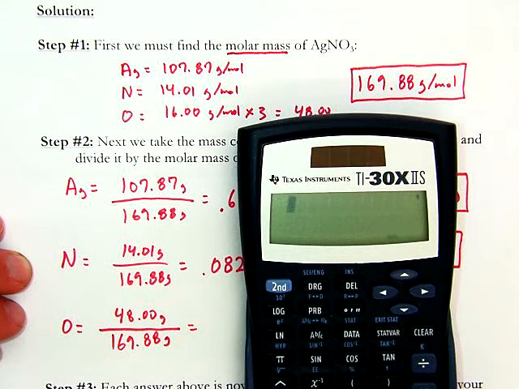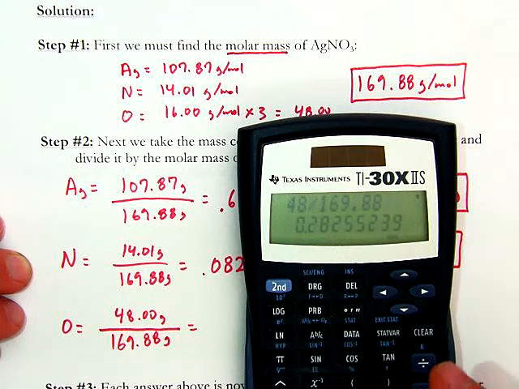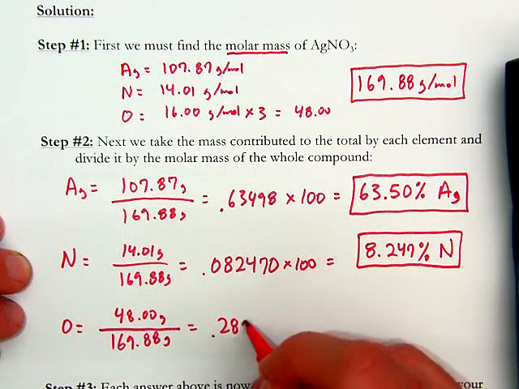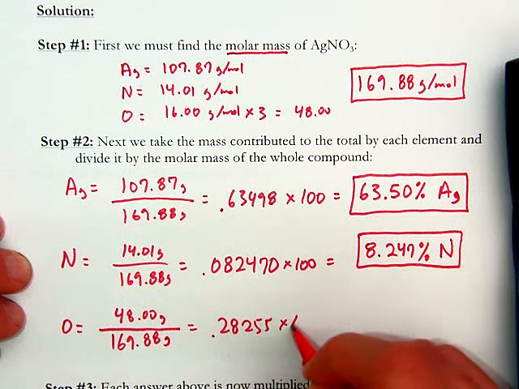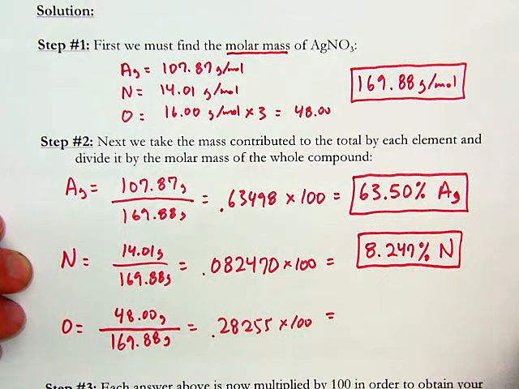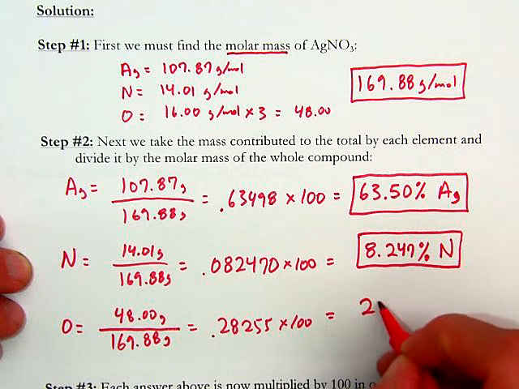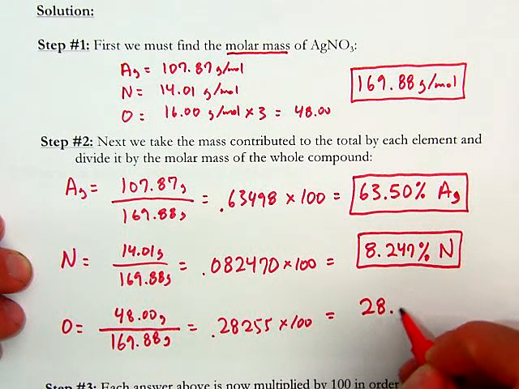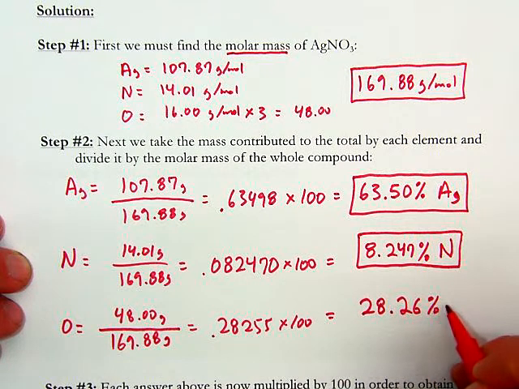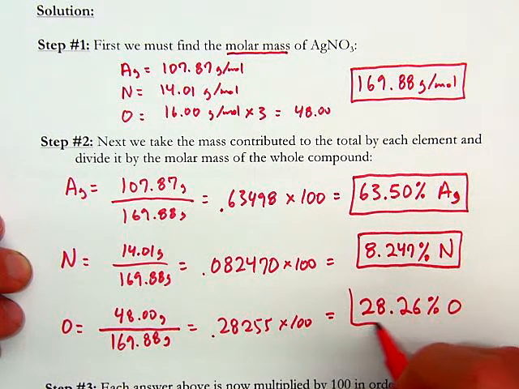That gives us 0.28255 times 100. I'm just moving the decimal over a couple places. 28.26% oxygen.